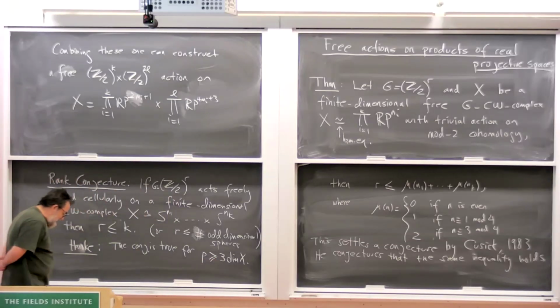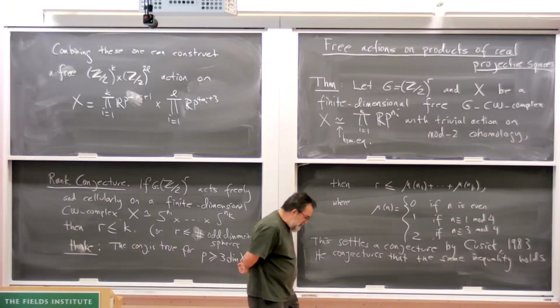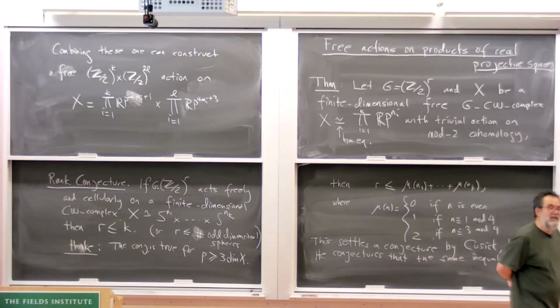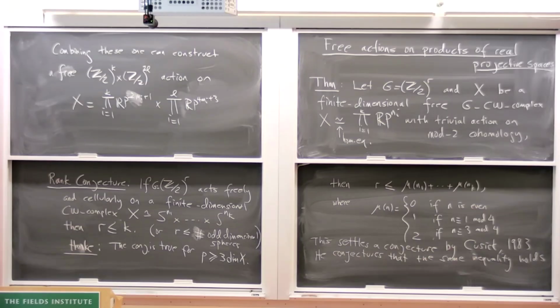And he uses something called the tame rational homotopy theory for large primes. It's apparently possible to give a version of rational homotopy theory to prove such results.